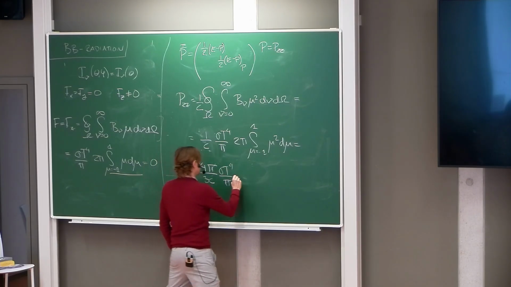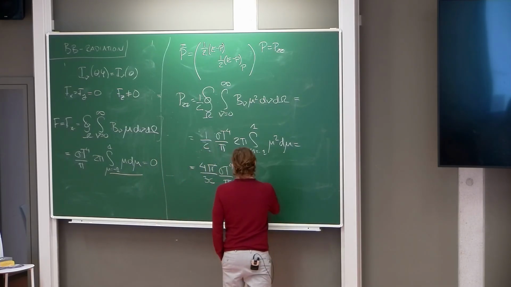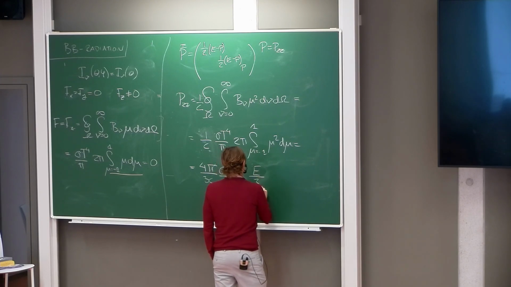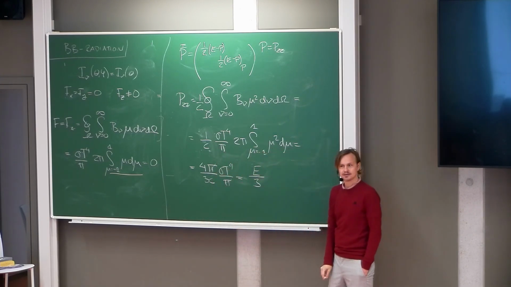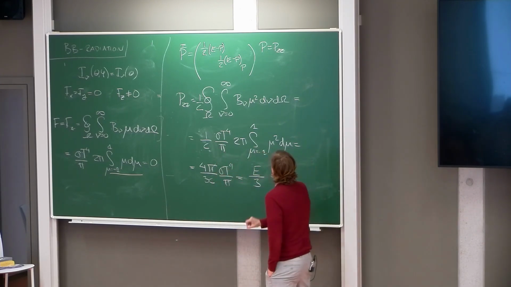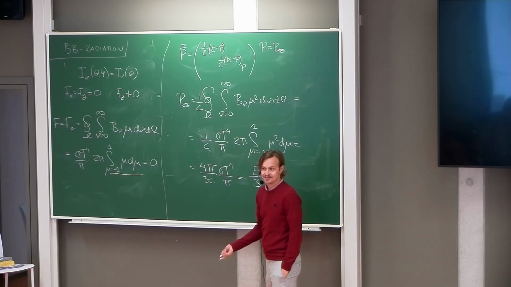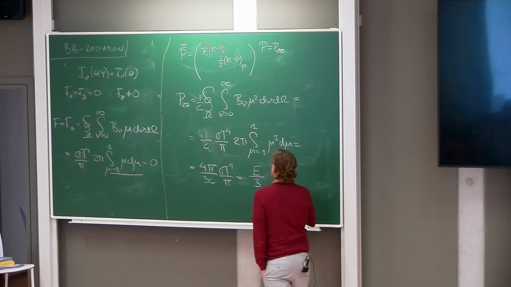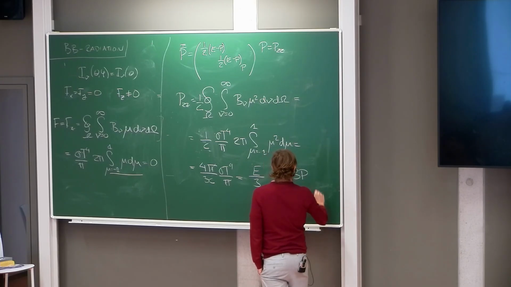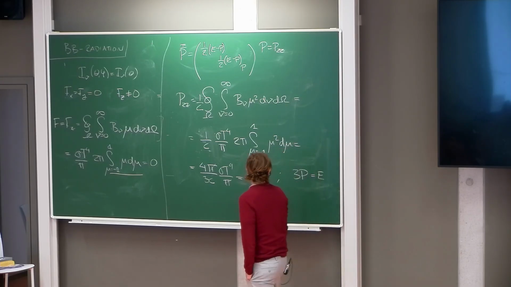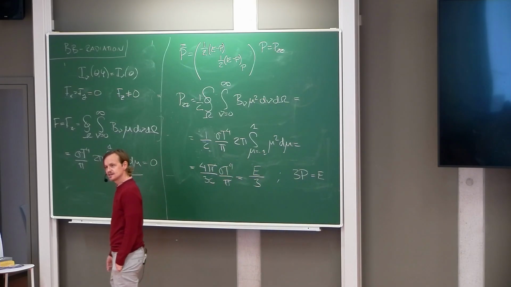But then we realize that this is actually just E divided by 3, which we sort of knew, since for an isotropic radiation field, 3 times the pressure, if we use that notation, has to be the energy density.